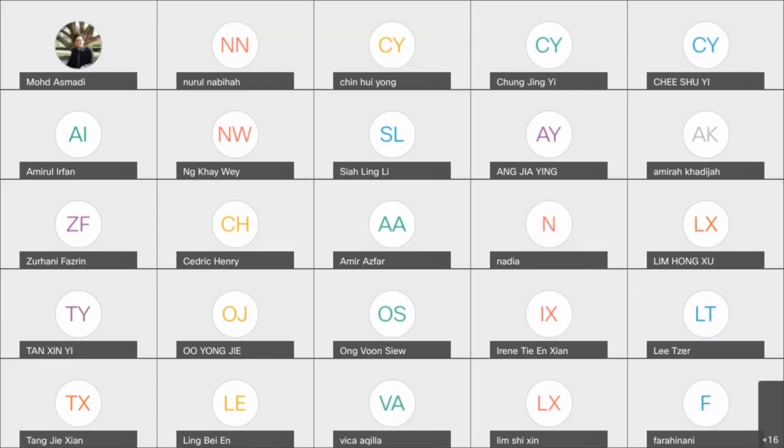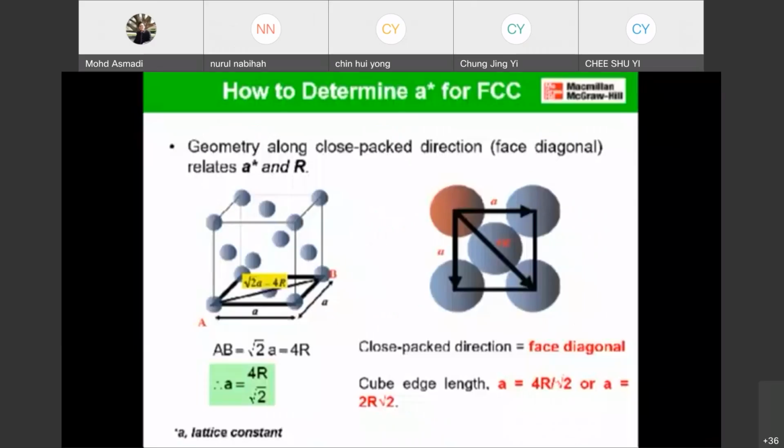Later we do a tutorial to calculate. This one: geometry along the close-packed direction, the face diagonal, is related to A, the lattice constant, and also R.